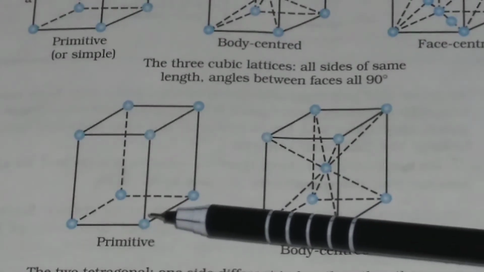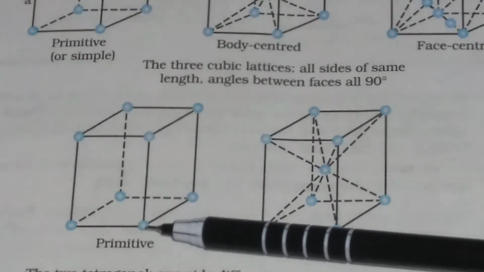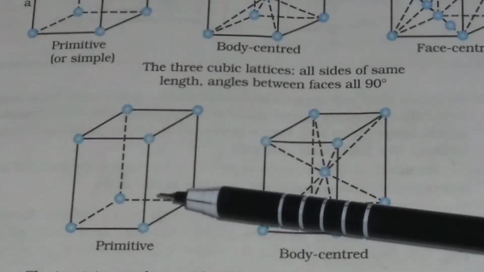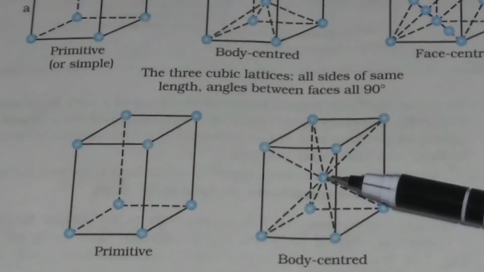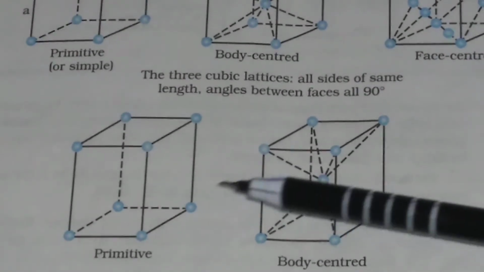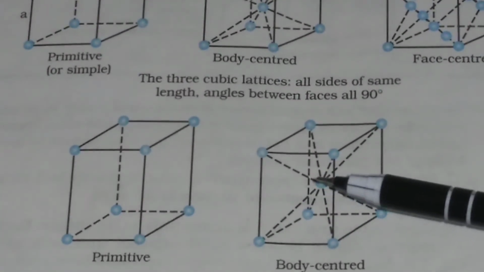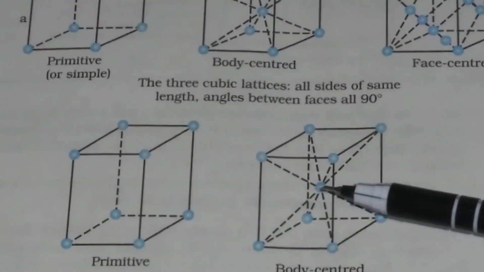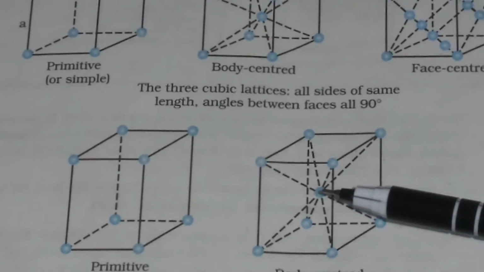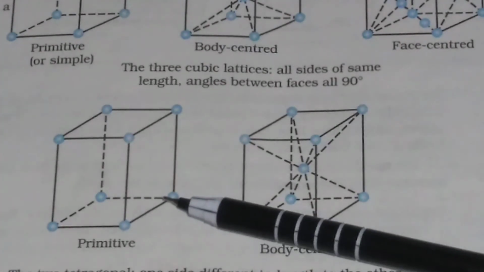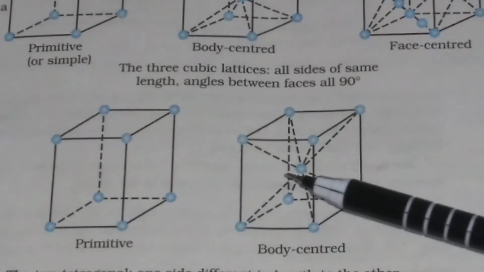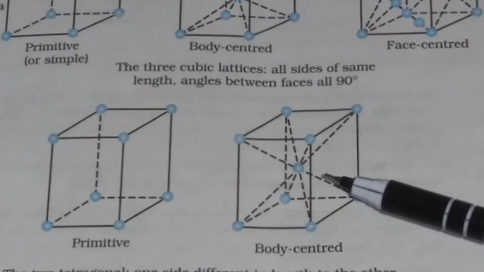In tetragonal primitive, a = b but not equal to c, and alpha = beta = gamma = 90 degrees. And this is your tetragonal body centered. The only difference between the two is that there is a body centered atom here, and this is non-primitive. So in tetragonal you have two structures: primitive tetragonal and body centered tetragonal.